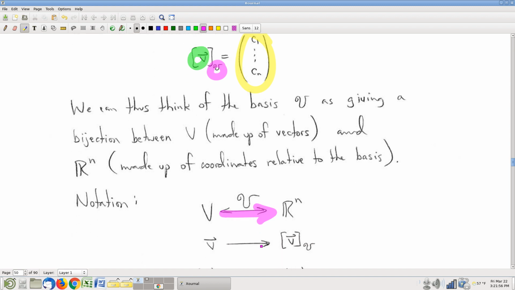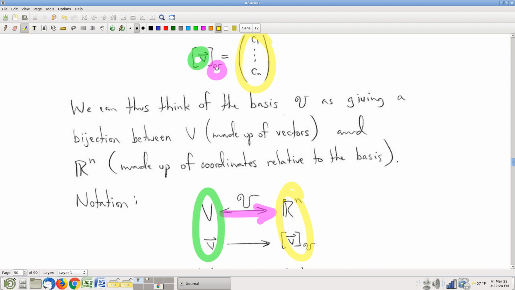If you give me a vector in a vector space, got ahead of myself. Let's suppose we fix a basis. Fix a basis. Right? This basis allows us the following situation. If you give me a vector in a vector space, then I can play the above game and infer a list of coordinates, namely a list of numbers, an ordered n-tuple, namely a vector in Rn.